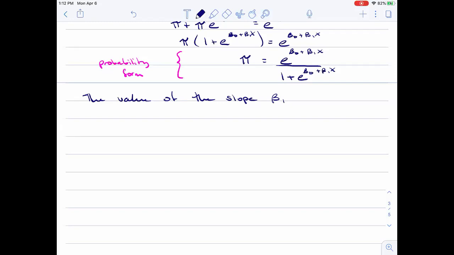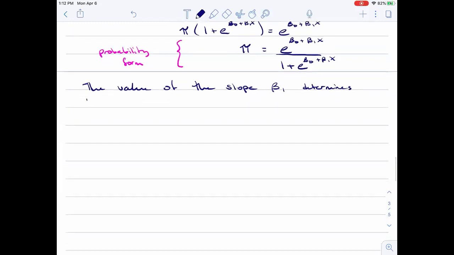So if the probability of success is 0.5, so 50%, the value of the slope beta 1 determines the slope of the curve at pi equals 1/2.